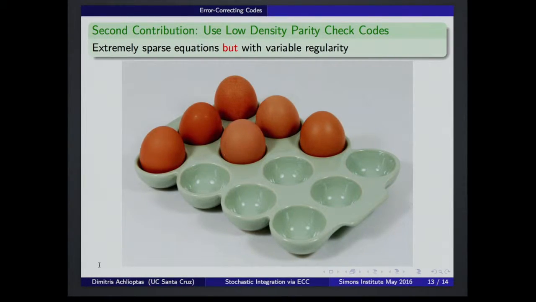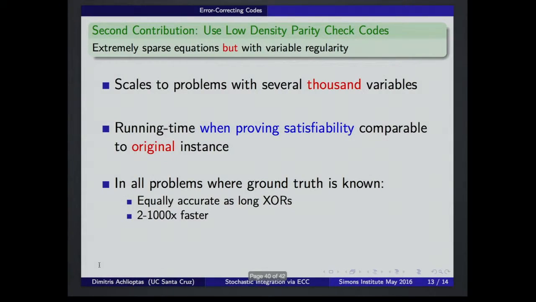In some sense, both of these problems are supposed to be easy. The original problem is supposed to be easy by assumption. The second problem is easy because decoding is easy, because we've decided the codes to be like this. So the end result is that when we use low-density parity-check codes, we can scale to problems with thousands of variables.